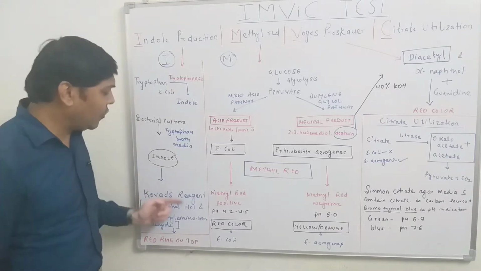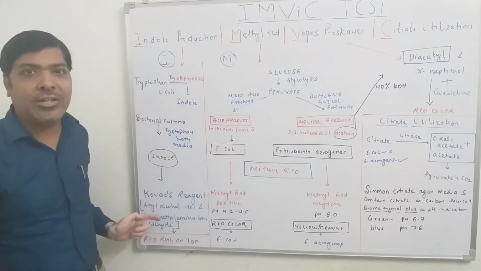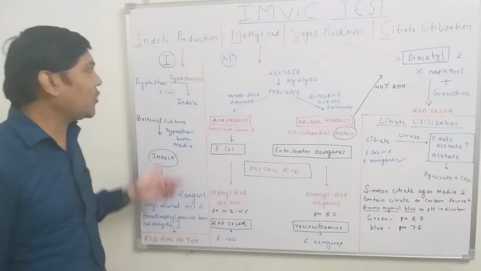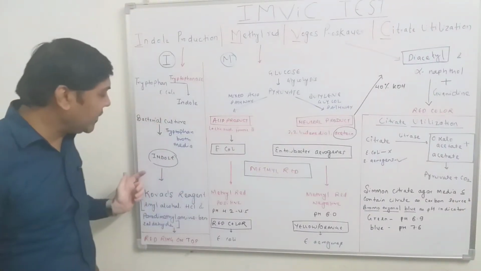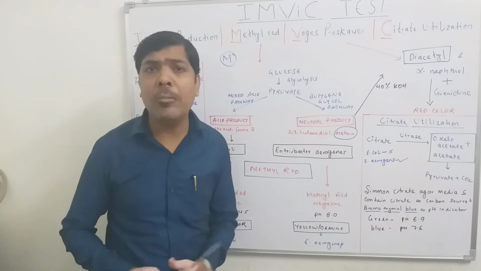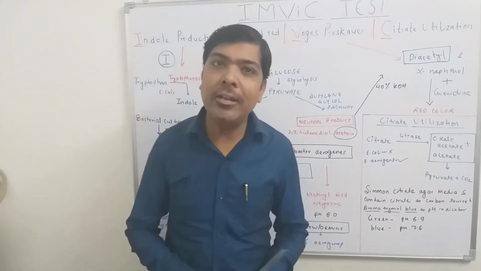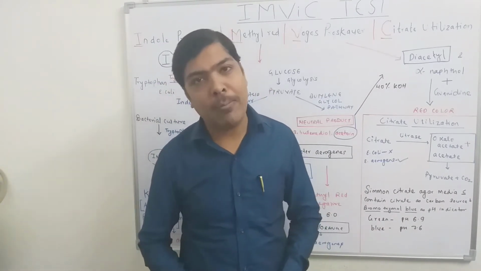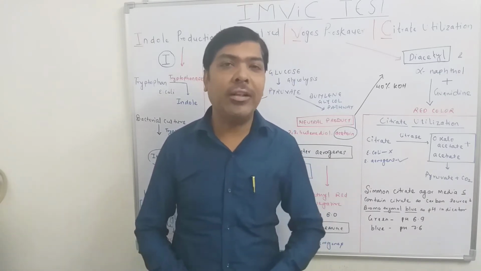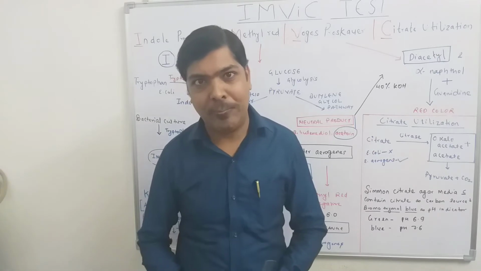Once we add the reagent after the cultivation of the bacteria in a broth that consists of tryptophan, we will see that a red color ring appears on the top of the culture broth. The formation of the red color ring indicates that the bacteria available in our sample is E. coli and it is not Enterobacter aerogenes.